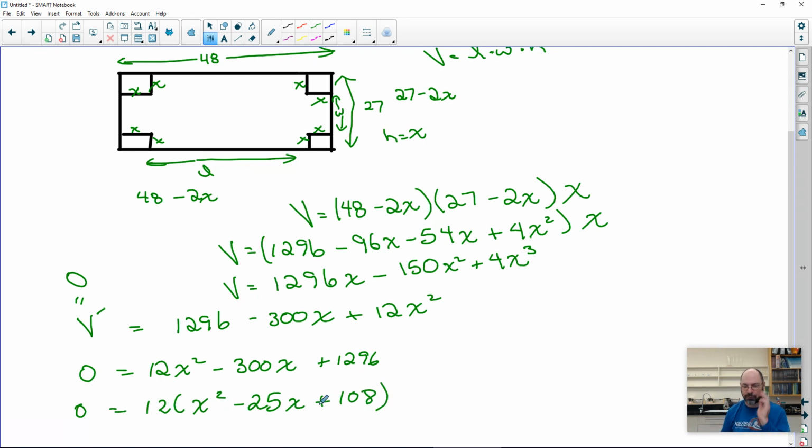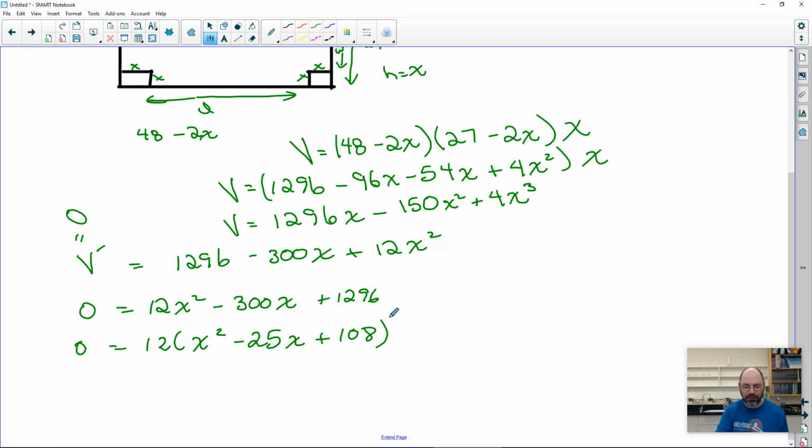Now we can get rid of this 12 because we divide by 12 on both sides. So 0 is going to be equal to x squared minus 25x plus 108. So we're going to have two negative factors that multiply to 108. Well, 12 and 9, but 12 and 9 are not going to add up to 25. So it's going to be some decimal number. So the only way to solve this, we can't factor it evenly.